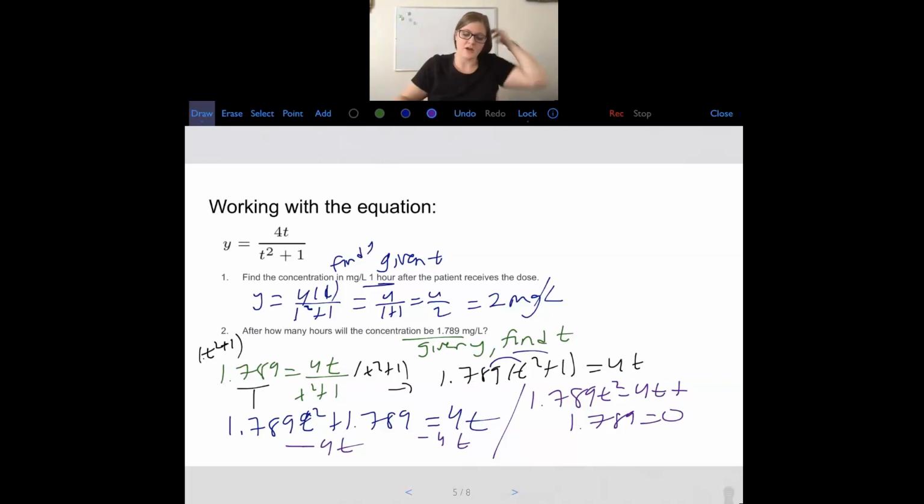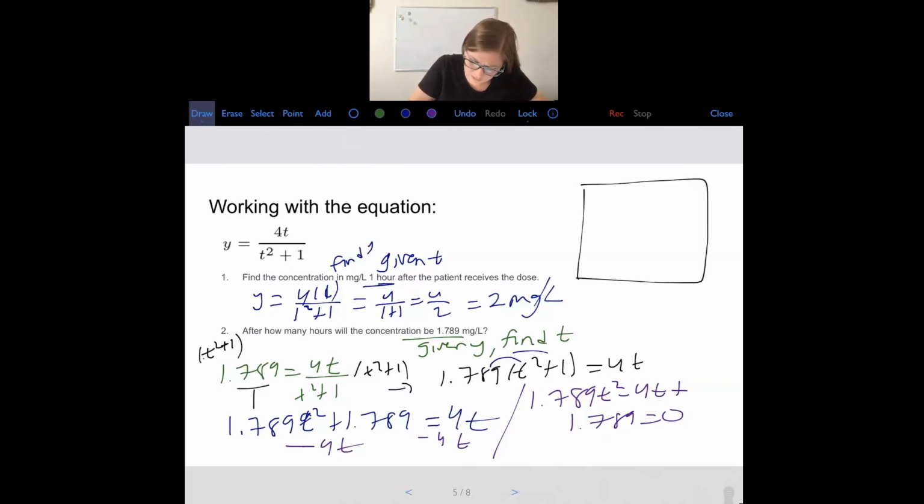So for instance, let's say we were doing the concentration log. Okay, and here we have minutes, and here we have concentration. We just found that after 1 hour, it would be 2 milligrams per liter.